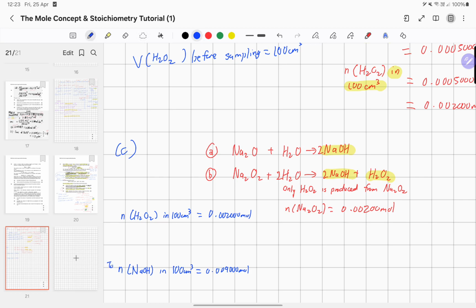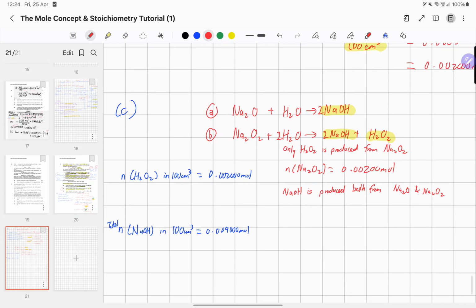Okay, then when we go on to the next part, keeping in mind this is the total number of moles of NaOH in 100 cm³, and the fact that NaOH is produced both from Na2O and Na2O2.